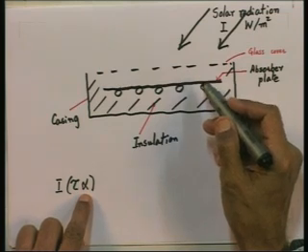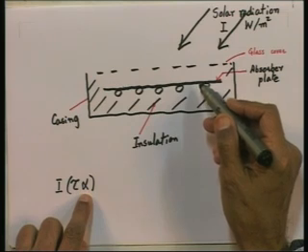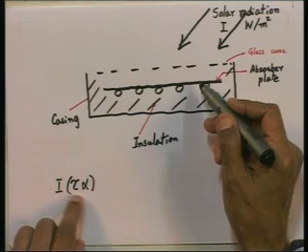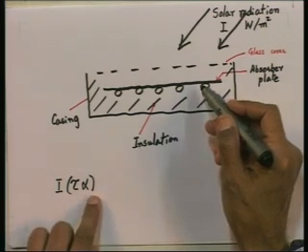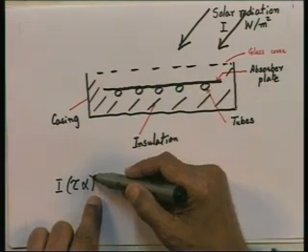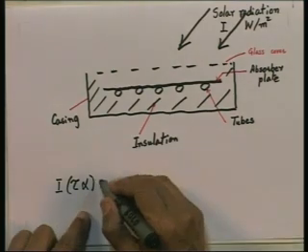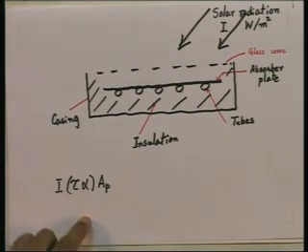Alpha is the fraction that is absorbed in the absorber plate, which also is a number close to 1, between 0.95 and 1. So, tau alpha represents the heat flux which is transmitted through the glass cover and absorbed in the absorber plate. And if I multiply this by the projected area of the absorber plate A p, I have the input energy. So many watts of energy is absorbed in the absorber plate.